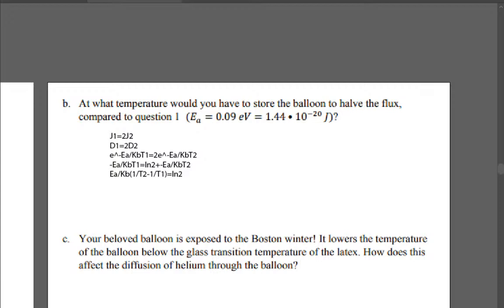So 1 over T2 minus 1 over T1 would equal KB of natural log of 2 divided by the EA. And so you can get 1 over T2 would equal KB of natural log 2 over EA plus 1 over T1, which is something that I don't know.